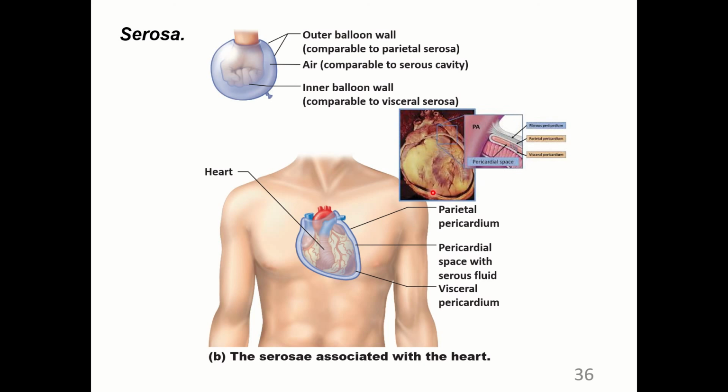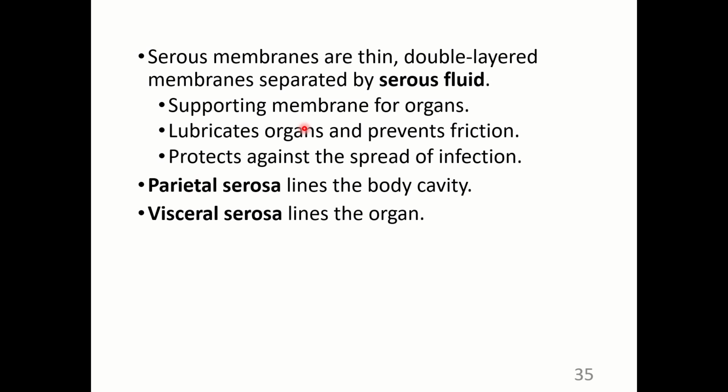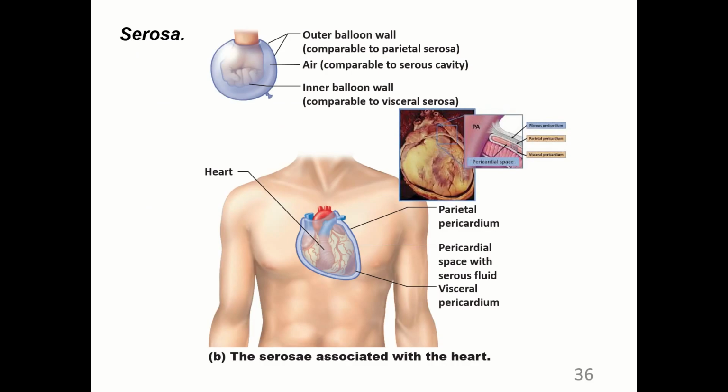And the space in between, illustrated here, will be filled with serous fluid. Remember, serous fluid will lubricate organs and prevent friction. So think about how many times your heart beats in a day, and that serous fluid acts like an oil to keep that lubricated.